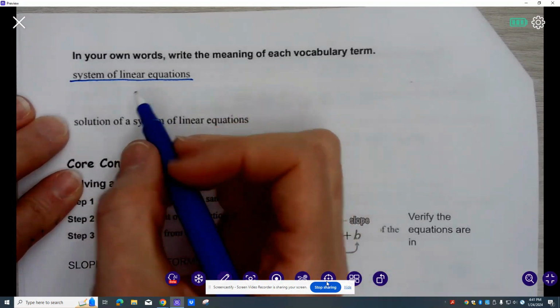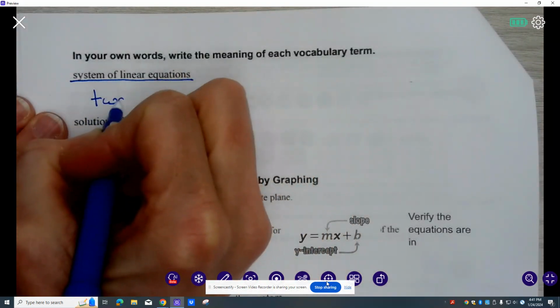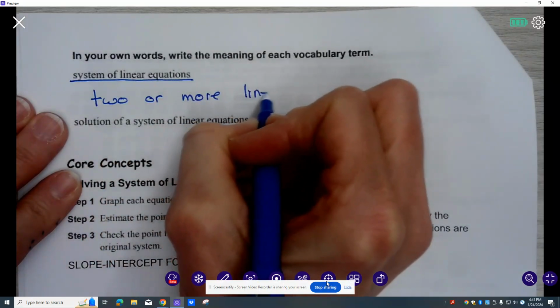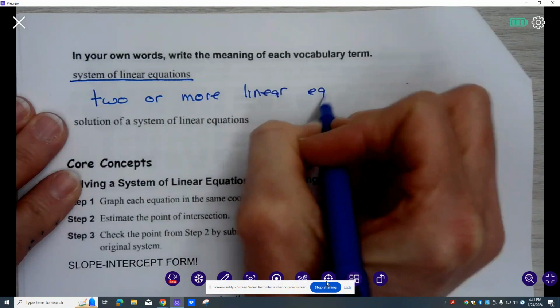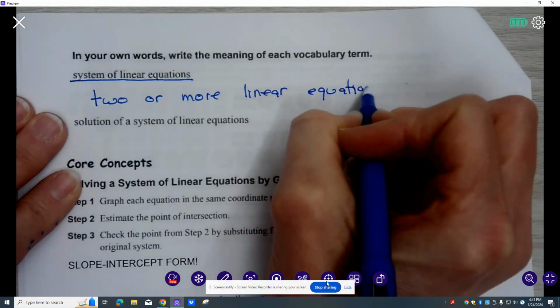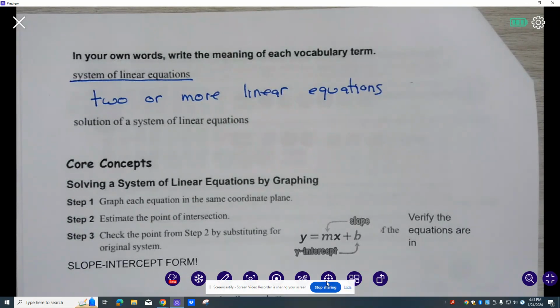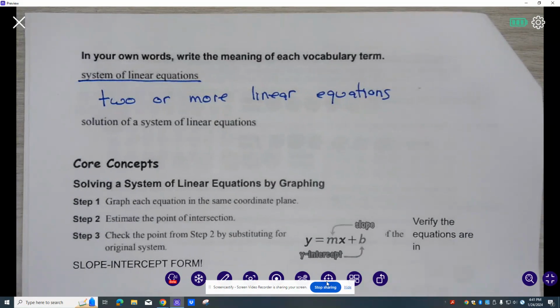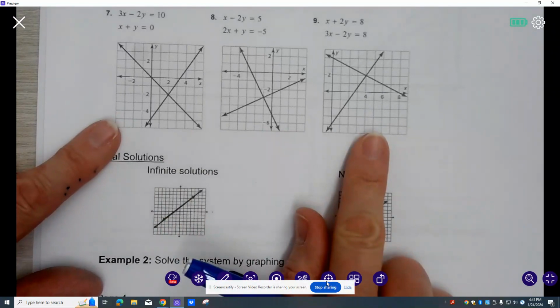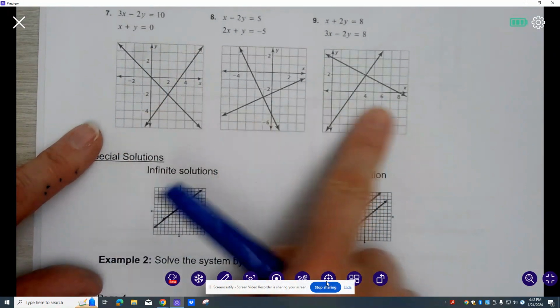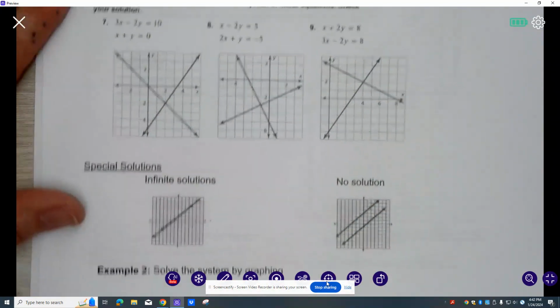So 2 or more linear equations is the definition here. 2 or more linear equations is what we call a system of equations or a system of linear equations. Remember, if you need to pause the video to have time to write, please do that. These are all systems of equations, so it's not a big deal. It's just graphing 2 lines on a coordinate plane.